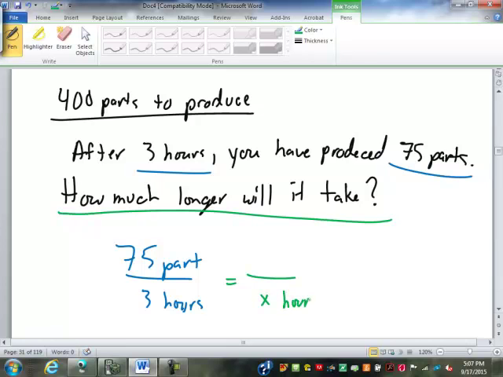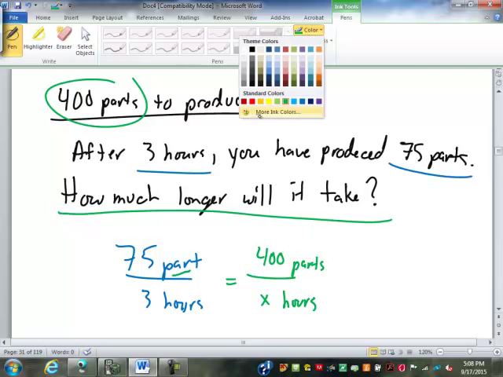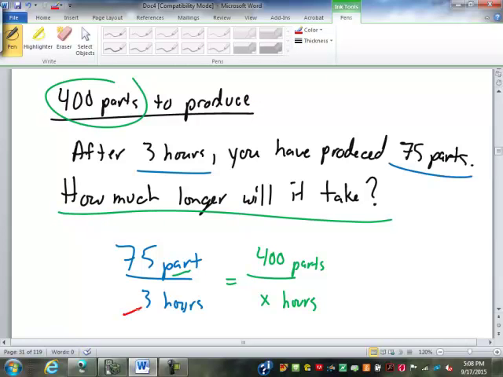So that's going to go on bottom, x hours. On top is parts. We have 400 parts. So I'm going to cross multiply and divide here. 3 times 400 is 1,200. Divided by 75 is 16. Very good. x is 16 hours.